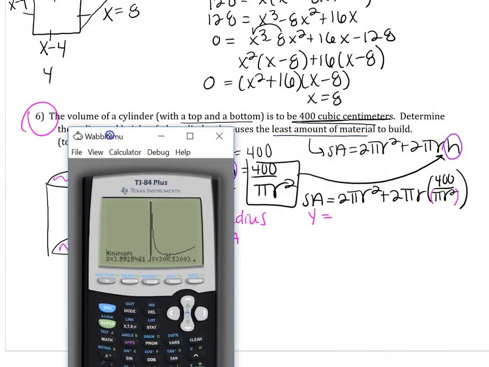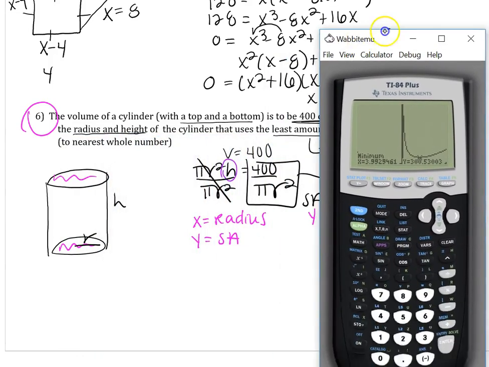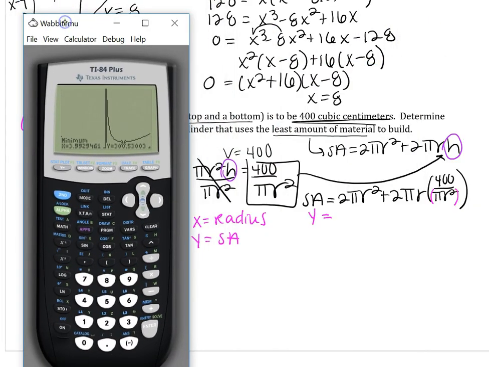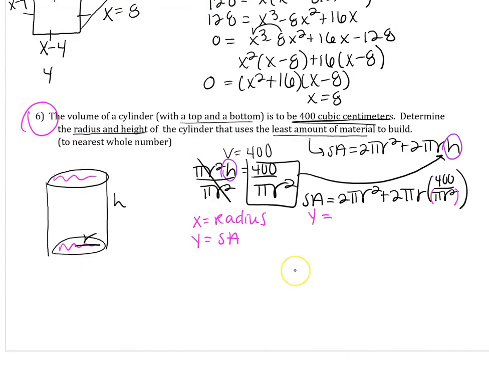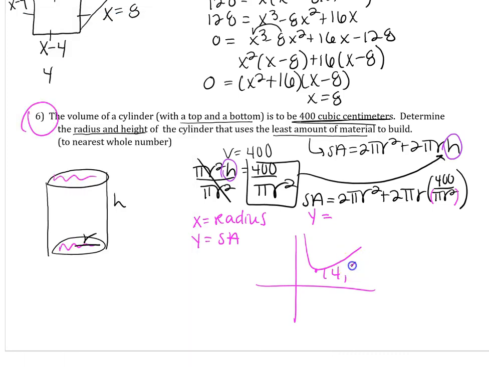And there we go. I'm rounding to the nearest whole number, it says. What does it want? Determine the radius and height of the cylinder that uses the least amount of material. So the radius to the nearest whole number was 4. The surface area is about 301. Okay, so again, this is my radius, this is my surface area.